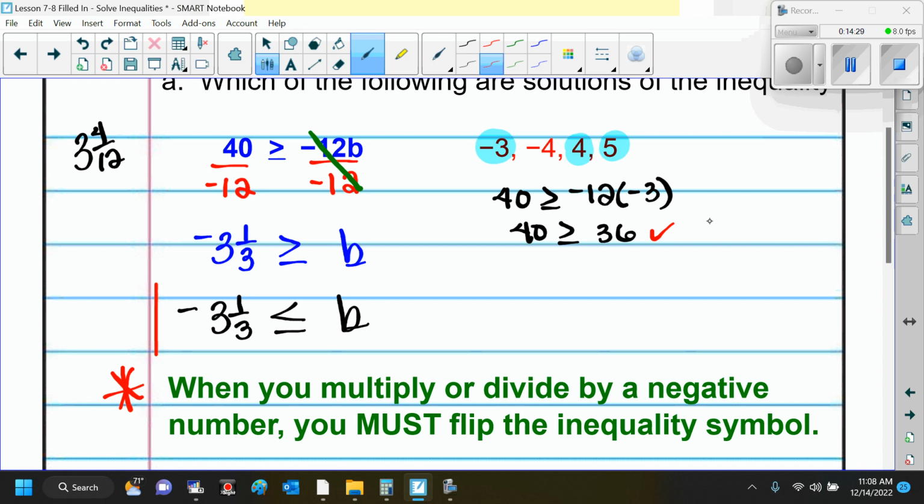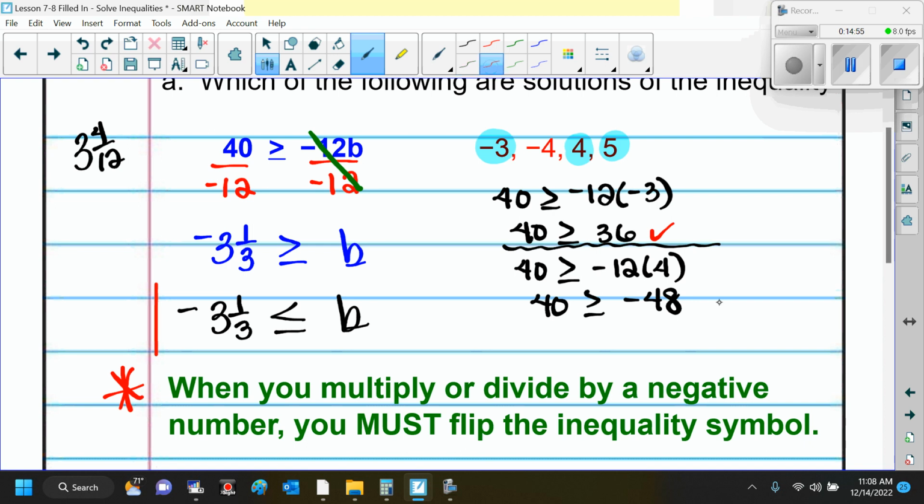Does everybody see how flipping that inequality makes it a true statement? Yes. All right. Then let's do another one. We've got 40 is greater than or equal to negative 12 times 4. That's 40 is greater than or equal to negative 48.